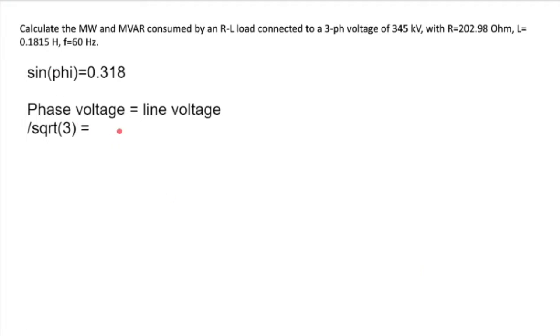So that's the phase voltage, and then you calculate the phase current. Calculate the phase current.